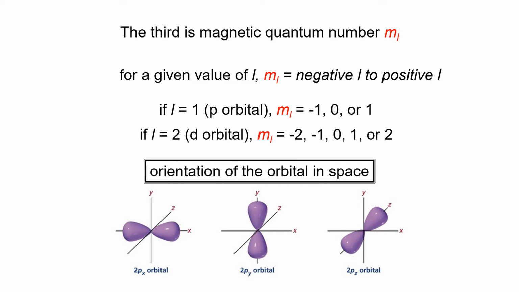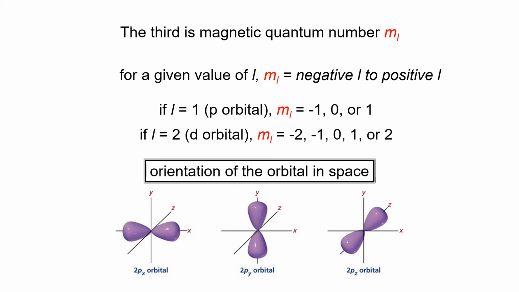In the case of the p orbital, it has three possible orientations: px, py, and pz. Notice the relationship that ml has three possible values, and therefore p orbitals have three possible orientations.